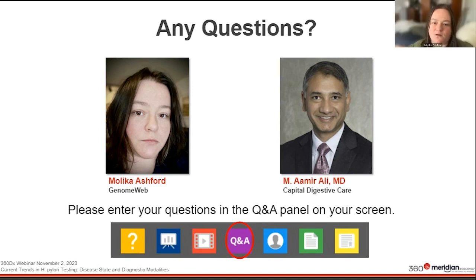One attendee asks, is stool testing recommended for immediate family of those who've tested positive? It's not recommended, but it should be, because as previously mentioned, crowding, sharing of utensils, things of that nature, which really are common among close family members, can result in transmission.